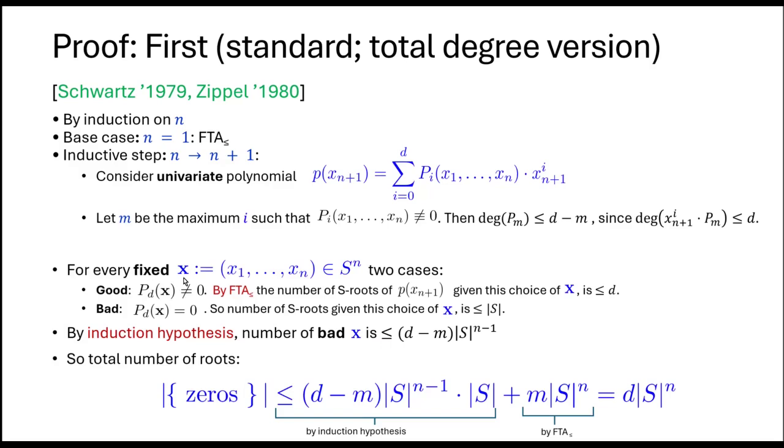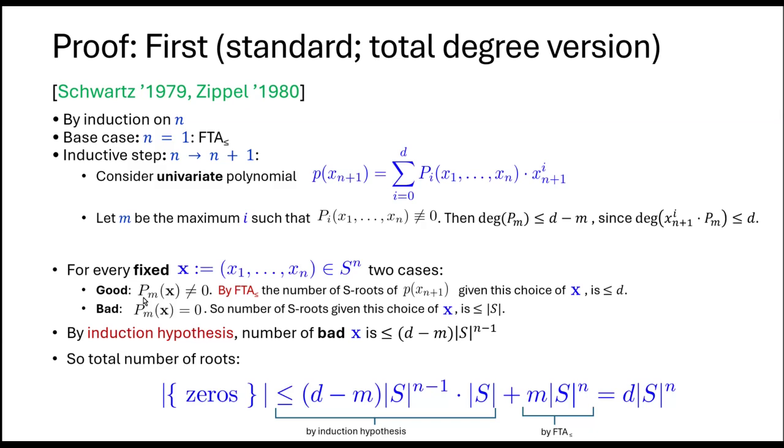So for every fixed x, where x is x1 to xn in S to the n, our initial polynomial P is in n plus 1 variables, but here we look at the first n variables. So for every fixed point in S to the n, there are two cases. Here it's PM, not PT like I wrote before.